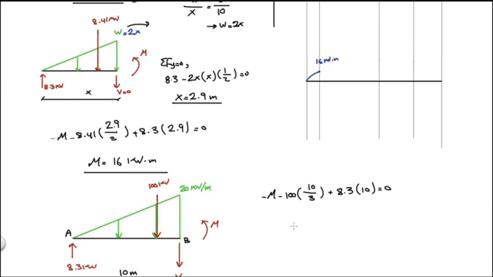Solving for M equals minus 250.3 kilonewton meter. So the moment at point B is minus 250.3. And the shape here will be a curve.